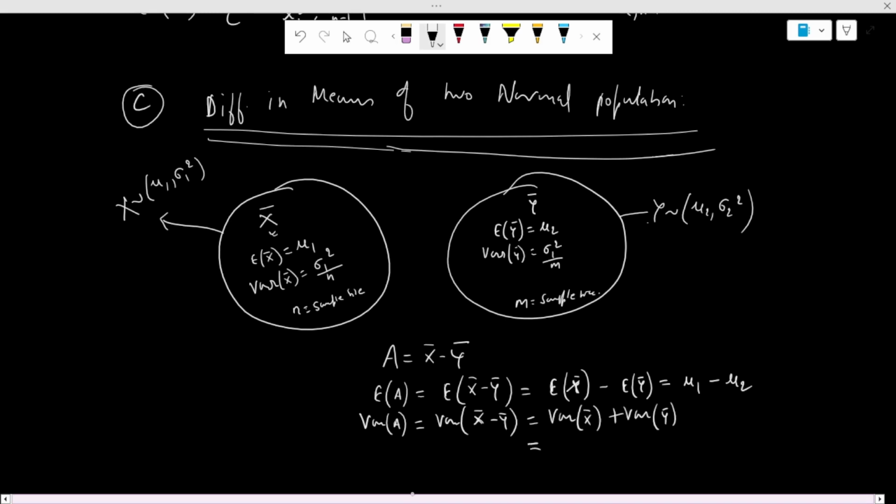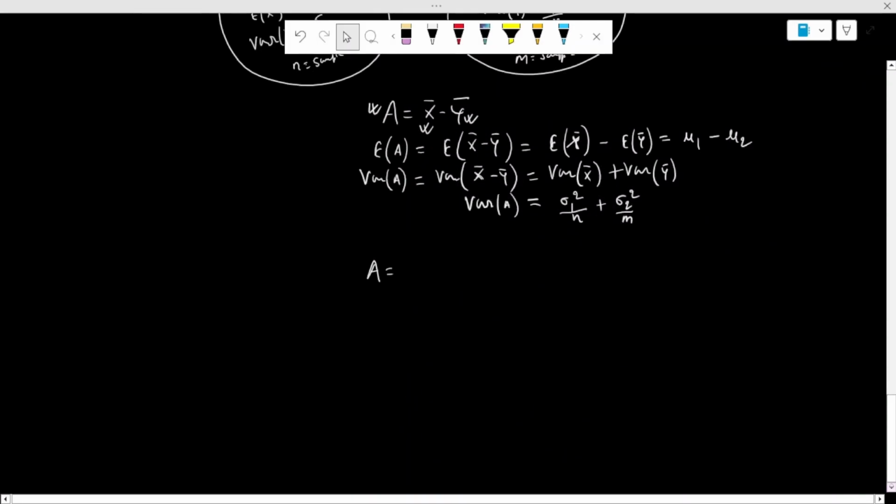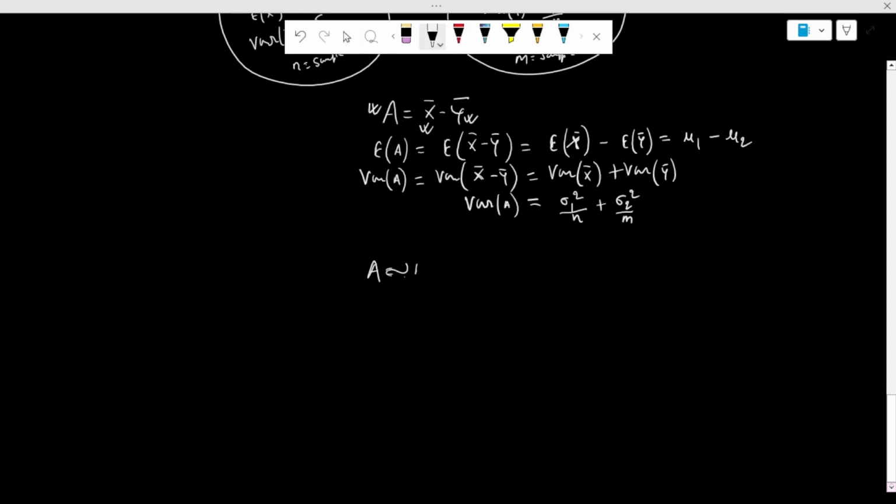This is equal to the variance of x bar plus the variance of y bar. So this is our variance of A. Since x bar and y bar represent sample means from normal populations, variable A is also normally distributed, with this mean and this variance.